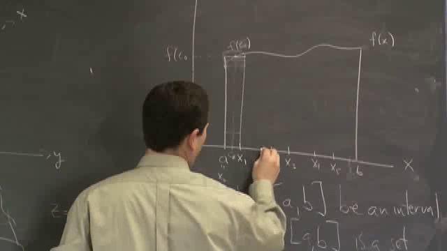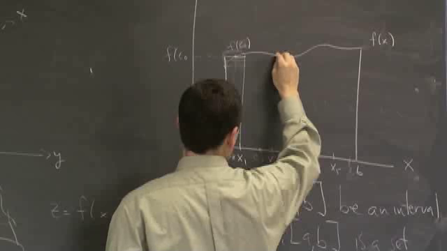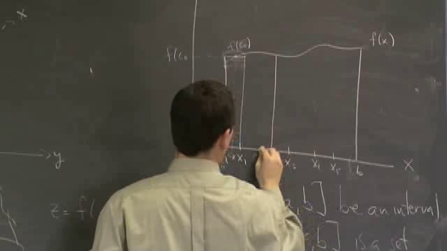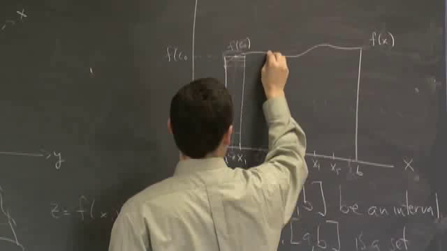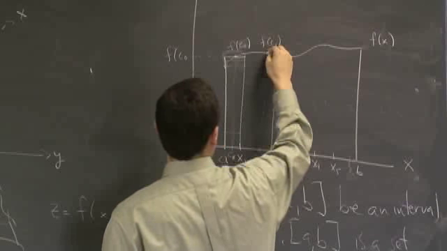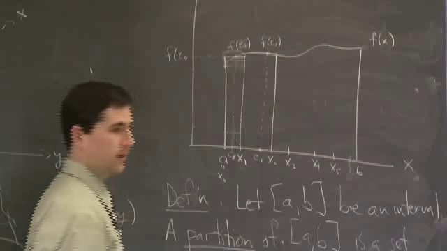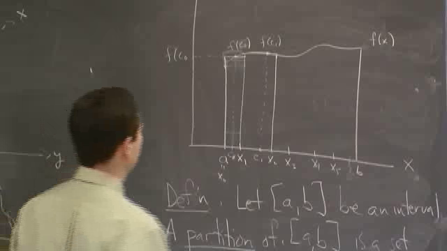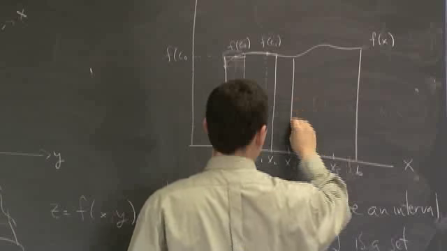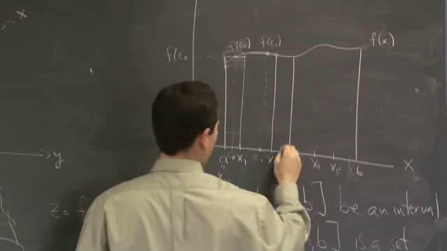And so then, okay, I'll go over here, and this will be my C1. So I can draw my line coming down, and I'll go up the curve. And there's f of C1, and that's the height of my rectangle. Okay, that's actually pretty good over there. And then I come over here, and I draw my line down, and I choose a point in the middle. I call it C2.